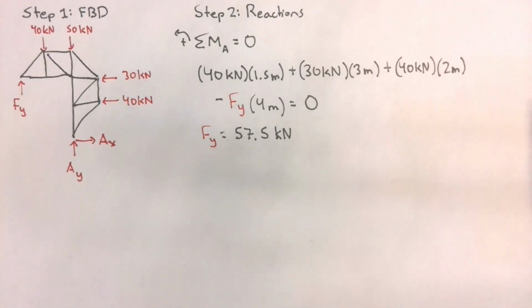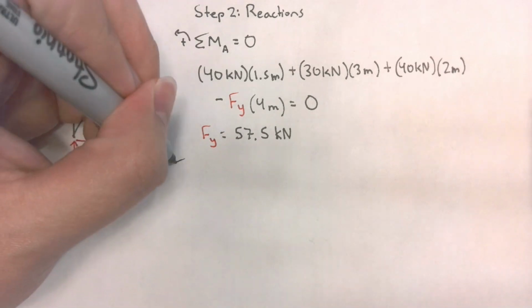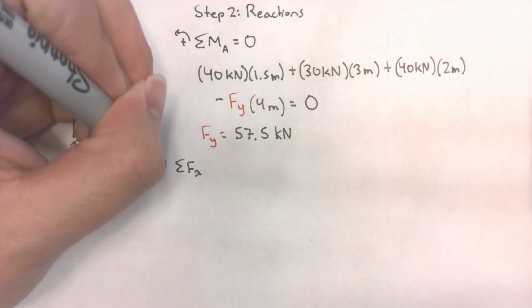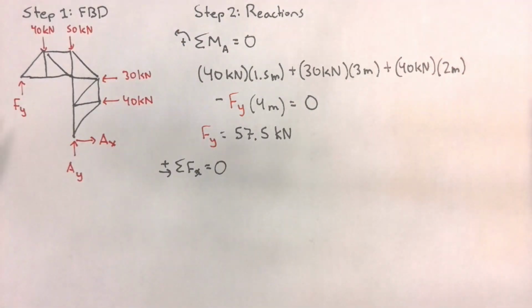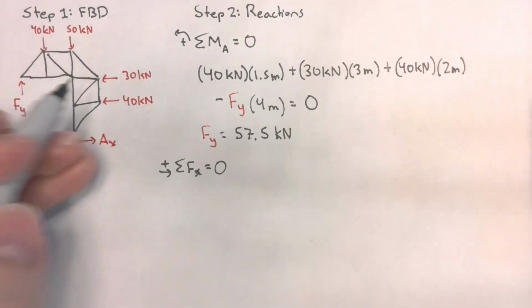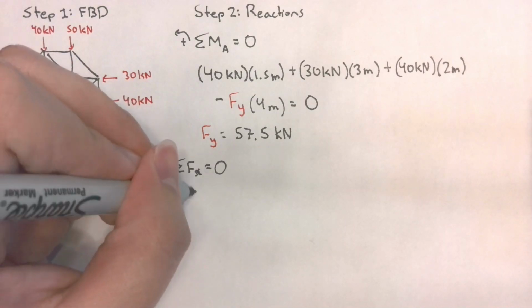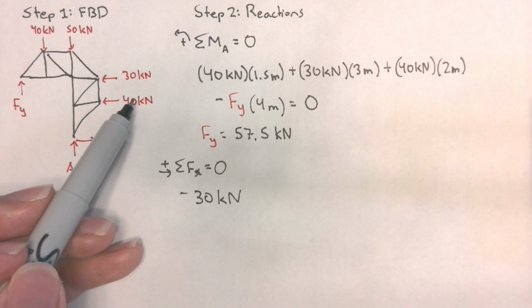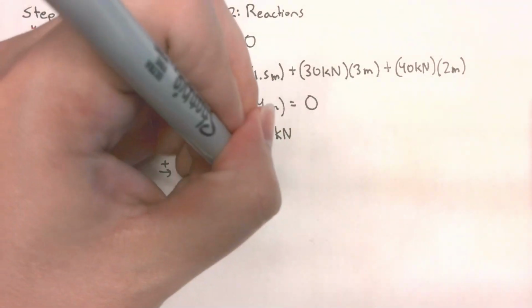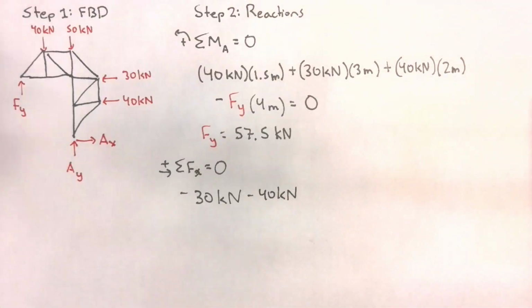Okay? Now that I have Fy, I can solve for Ay and Ax easily by just applying sum of forces in the x or sum of forces in the y direction. So I'm going to start with sum of forces in the x direction. In the x direction, I have a 30 kilonewton force in the negative x-axis, so minus 30 kilonewtons. A 40 kilonewton force in the negative x-axis, so minus 40 kilonewtons.